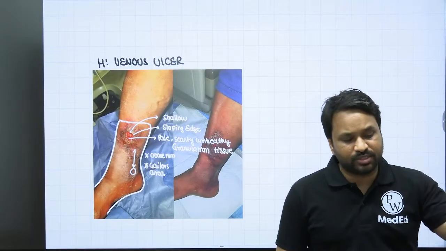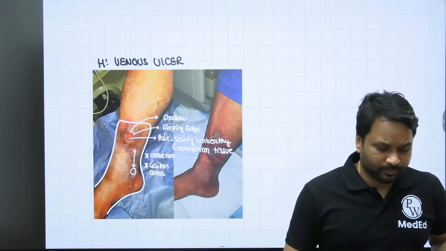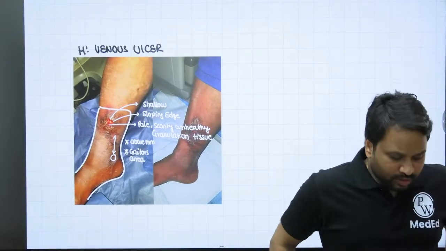All these points towards venous ulcer. This is your image number H.